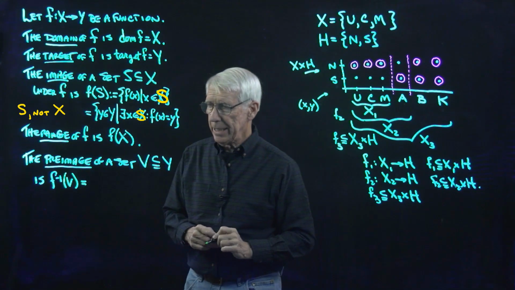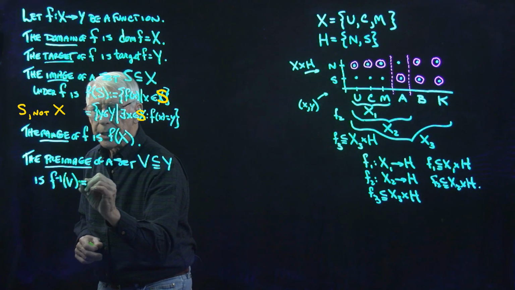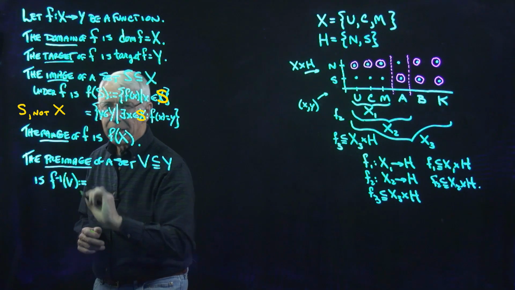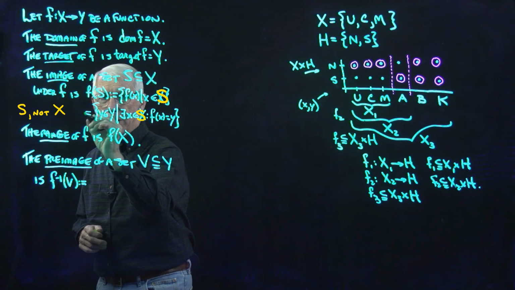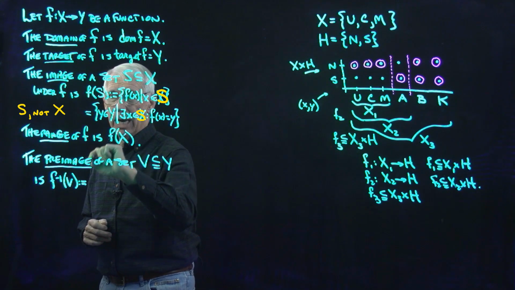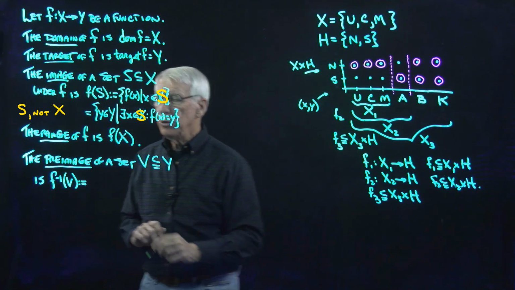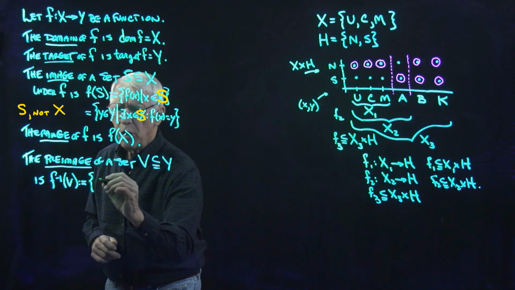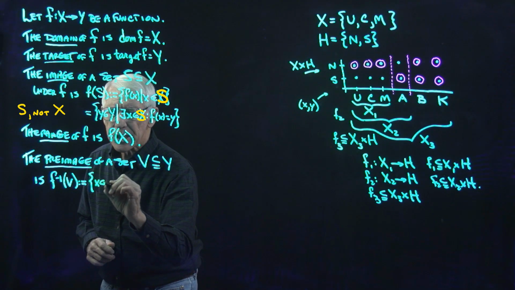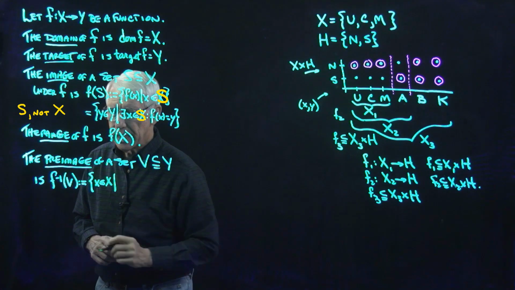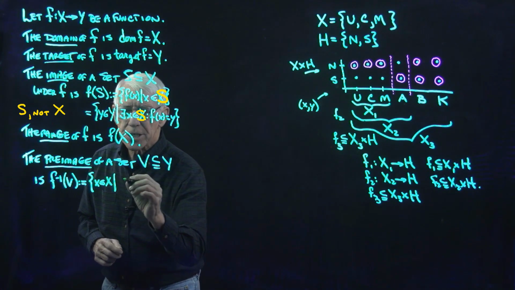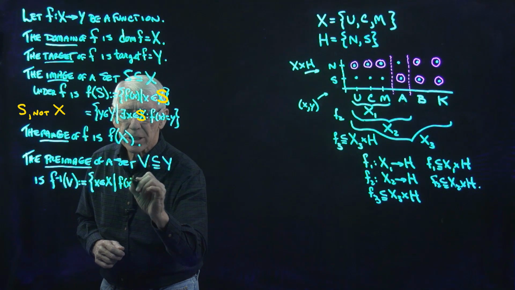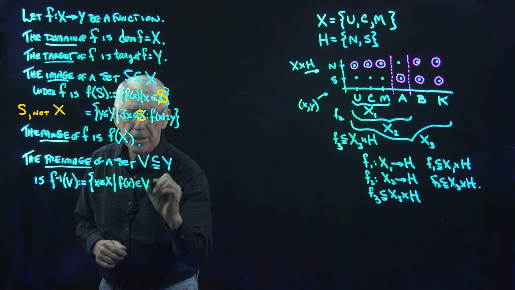That's defined, and in fact I probably should put a little colon here just to emphasize this thing is being defined this way. Well, I did do that here, so we'll do that here too. So it's the set of all x's in X such that f of x is in the set V.